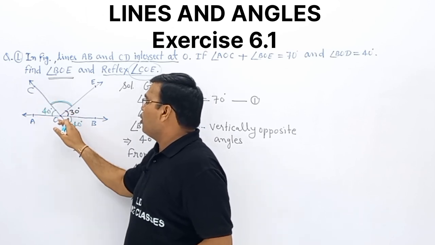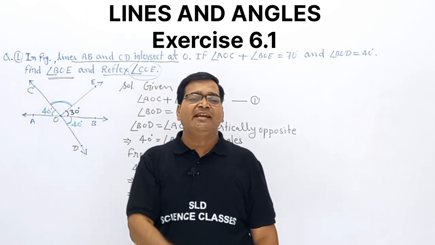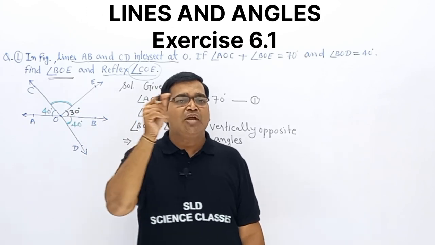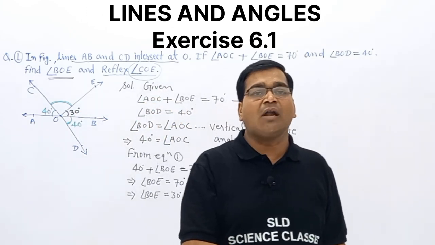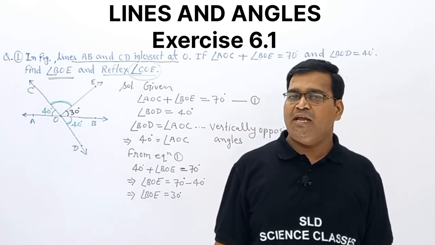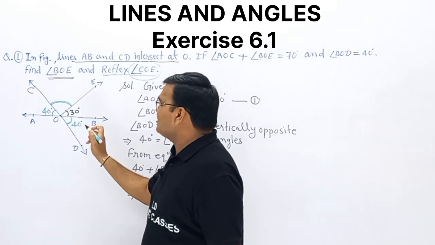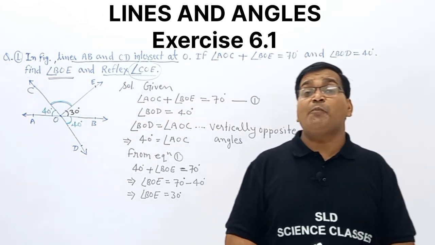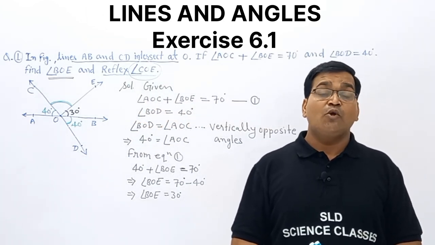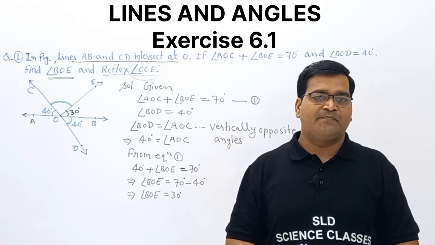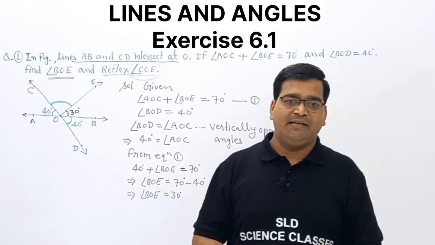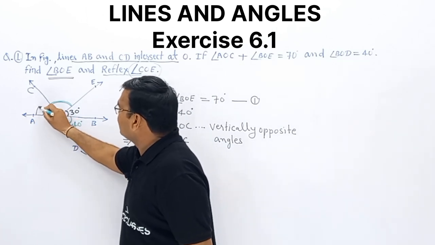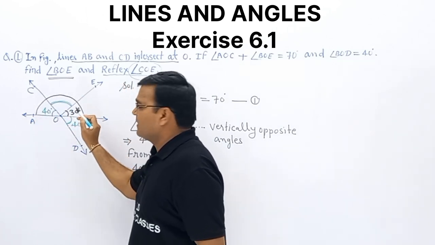Two rays, OC and OE, are standing on the straight line, so they make a linear pair of angles. Clear? What is the concept of linear pair of angles? The sum of all adjacent angles will be 180 degrees.